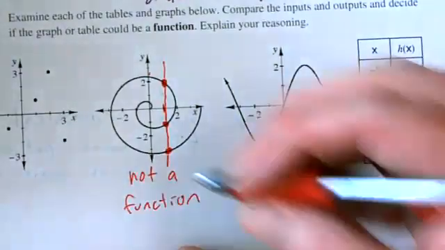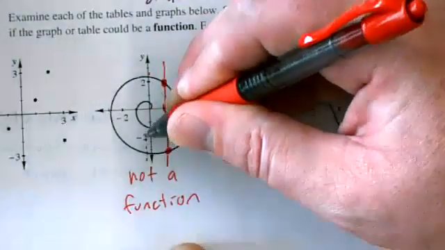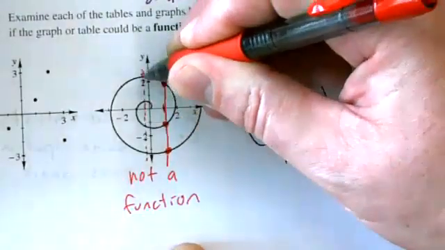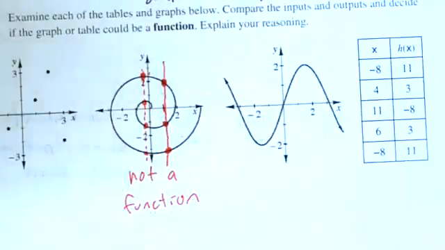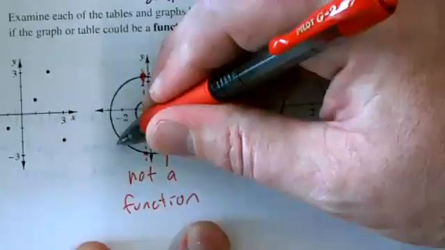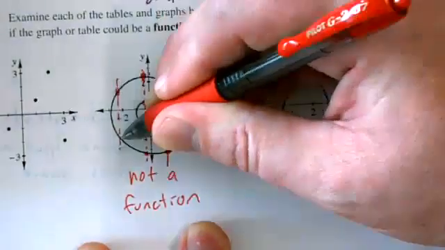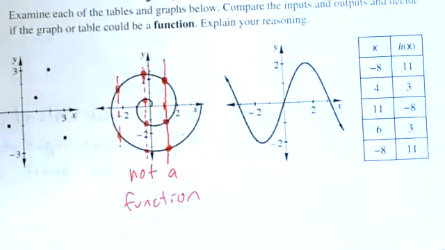So I could actually draw another vertical line right here that crosses in 4 different places. This is really failing the vertical line test, but it just has to cross more than once. Like over here, it's only crossing twice, but that's enough to fail it. That's not a function.